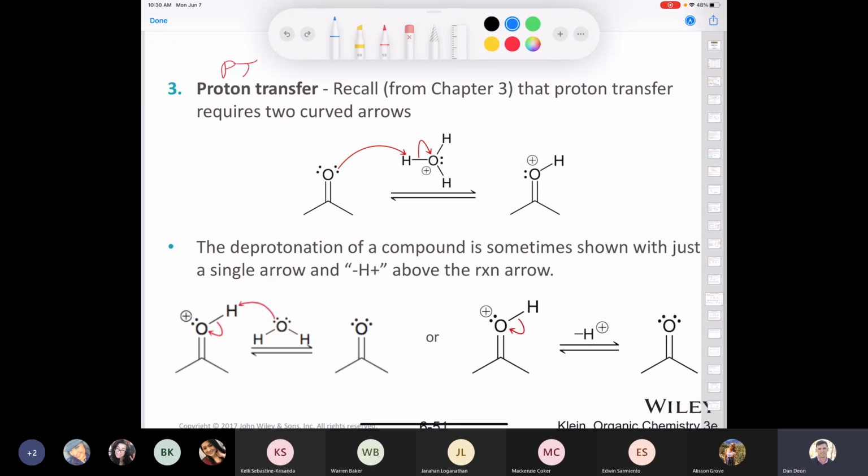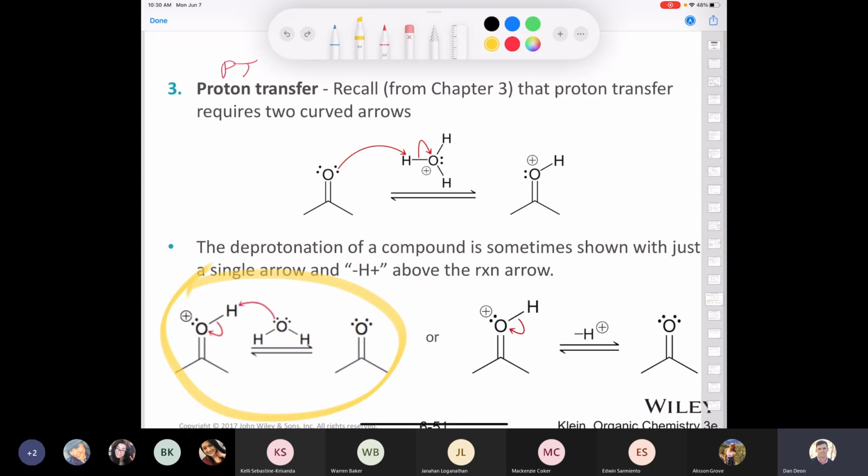That's a proton transfer. Now, the deprotonation of a compound is sometimes shown with a single arrow, using a minus H plus, like is shown here. I will never use that in this class. That is a shorthand. I wouldn't recommend trying to use shorthands for anything in Organic Chemistry 1, unless it's something that I really told you to go ahead and take the quick way out. But what it's saying here is, let's say you wanted to represent this proton transfer, the removal of this proton or the transfer of that proton to water.